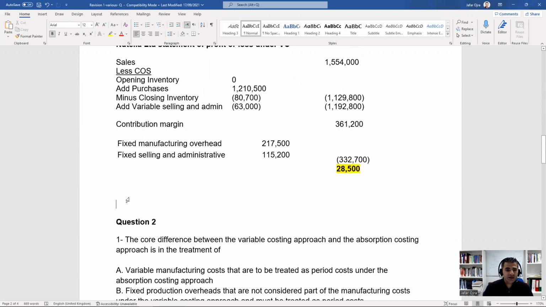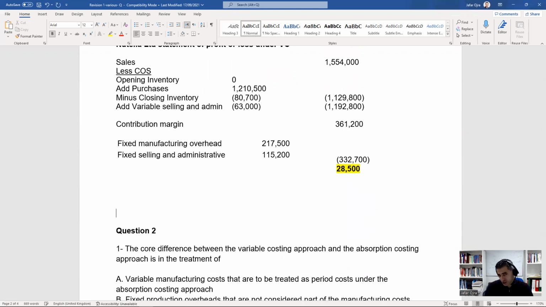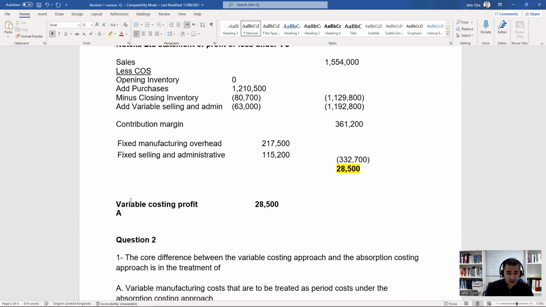So the last thing in this equation, we need to do the reconciliation. To do the reconciliation is very simple. When you do the reconciliation, you always start with the variable costing profit, which is how much? 28,500. Then after that, you need to add the fixed manufacturing overhead cost deferred in inventory, right? Here we go. Let me do it.